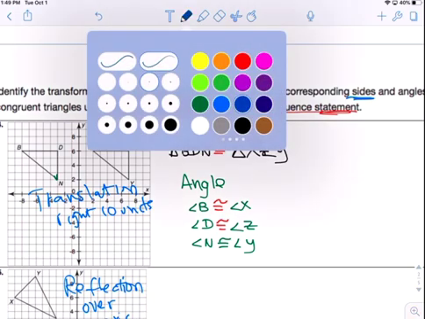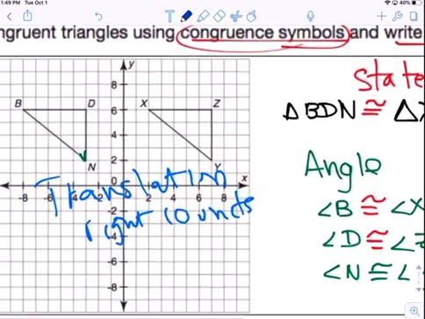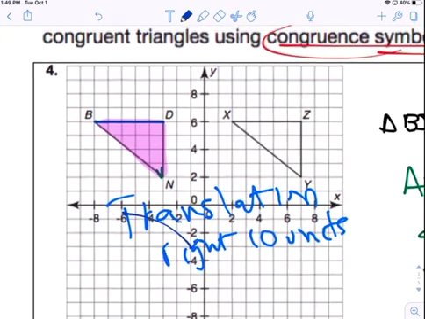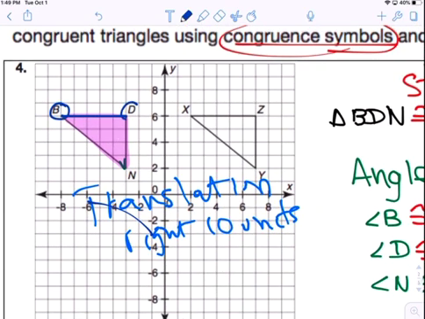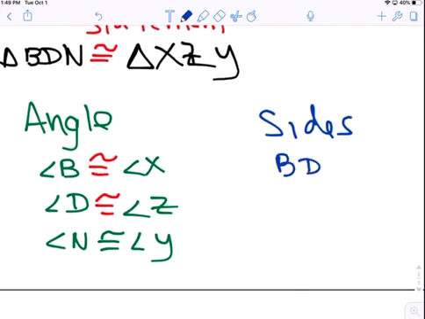Okay, now the sides. We'll just focus on the preimage right here. Side B to D, the letters BD make that side. That's one side of the triangle.